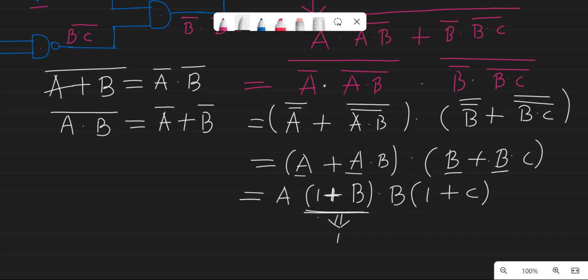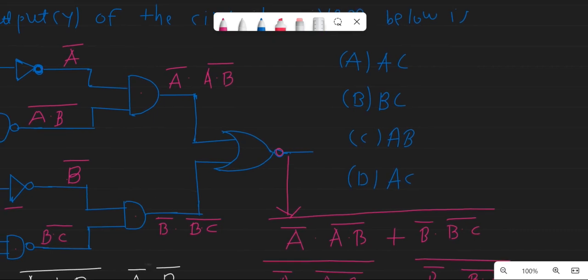Since this is a logic gate, only Boolean algebra will be used, only 0 and 1. So B can be either 0 or 1, but 1 or 0 is always 1, 1 or 1 is always 1, so it will be 1, and 1 or C is always 1, so we are only left with A and B. So our correct option is A dot B or AB, you can say.